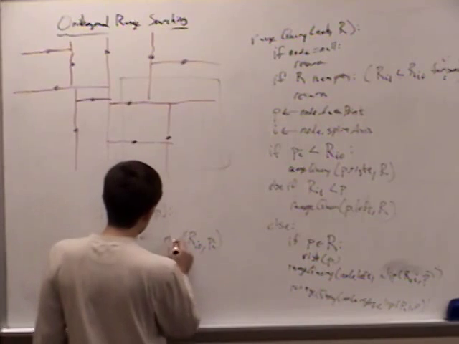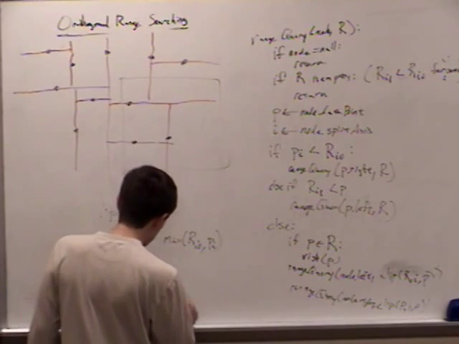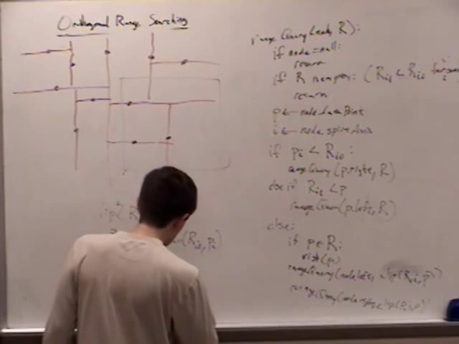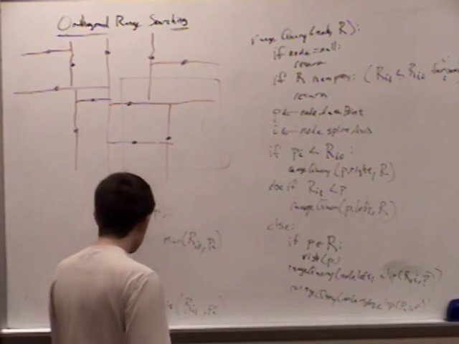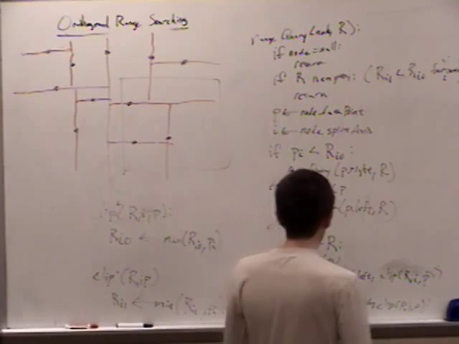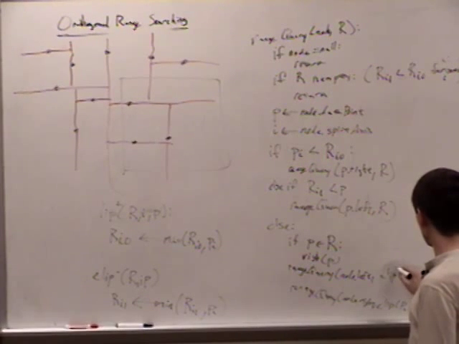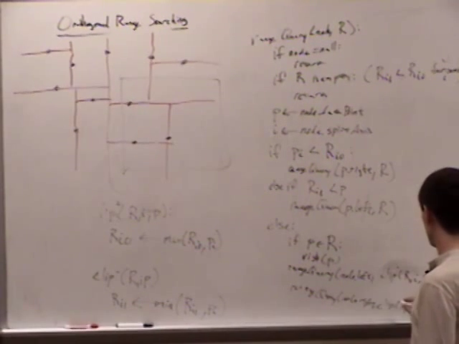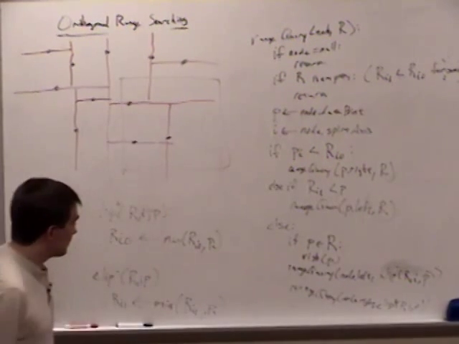This should actually be max of R_i1, P_i, right? And I think because we're going to the left, we're going to want that to be clip minus and clip plus, right?